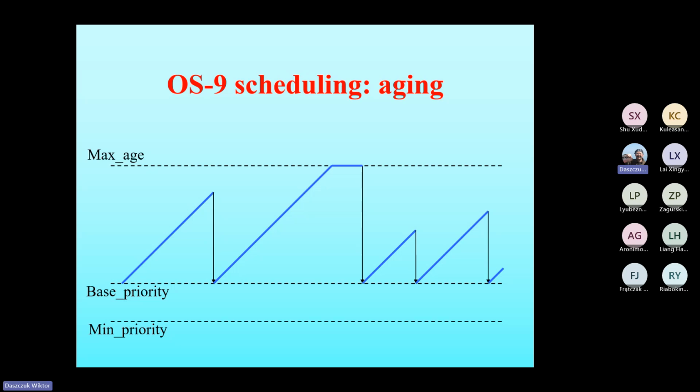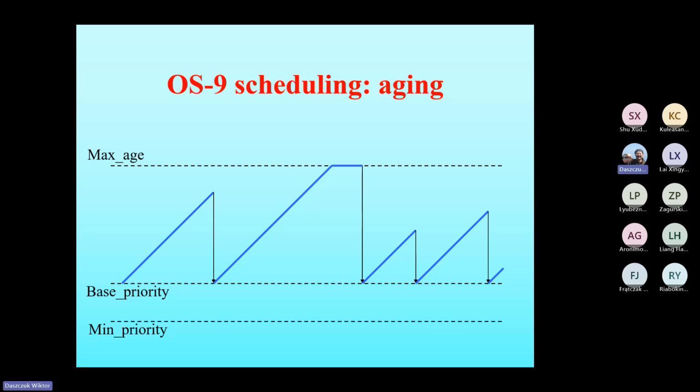When the process does not get a processor, the priority rises from base priority, and it rises until the process gets the processor. And here the priority is suppressed down back to the base priority. And again, the priority starts to rise.